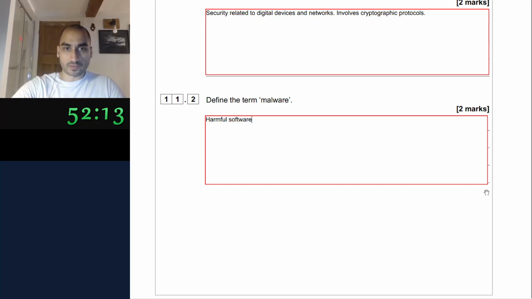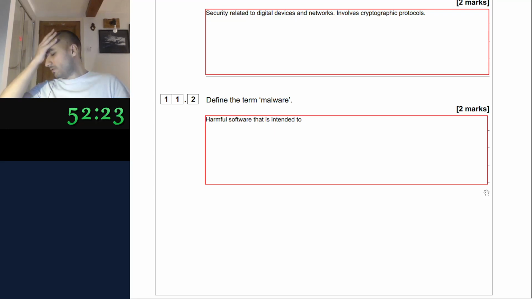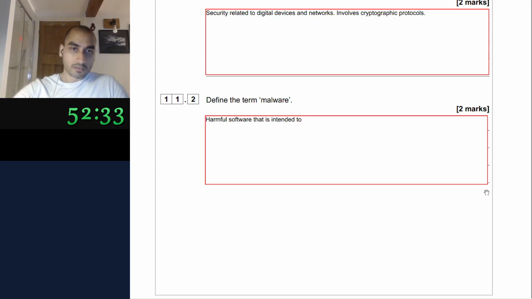Harmful software that is intended to... I mean, malware, viruses, all these things, they kind of mean different things, but people tend to use them interchangeably. What exactly is malware? I would assume just anything that causes negative harm to harm the user's device.